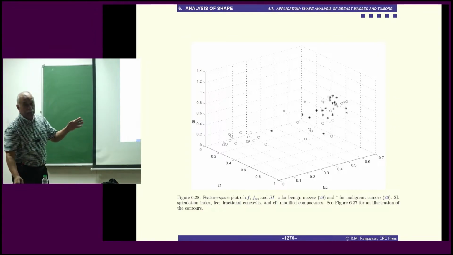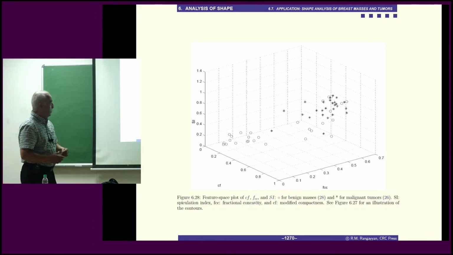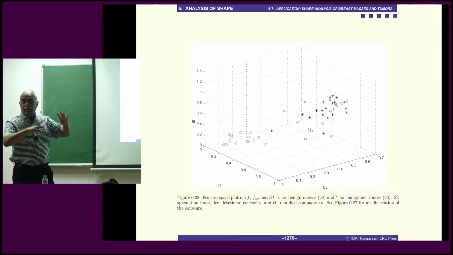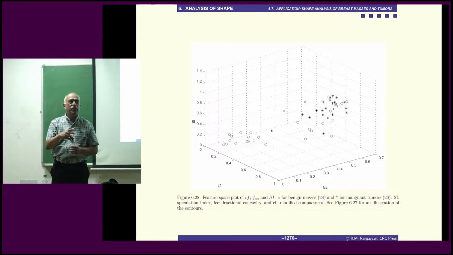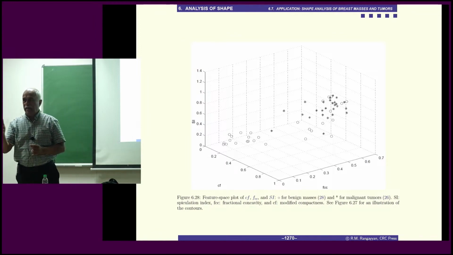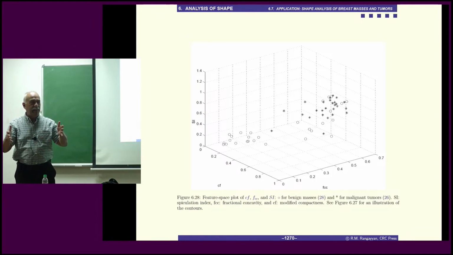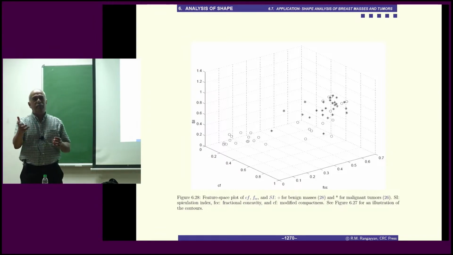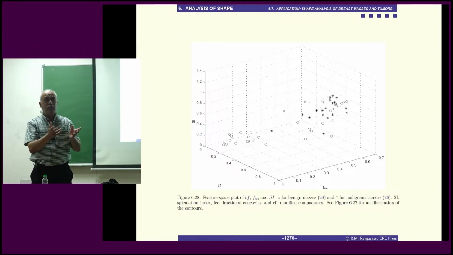So when you compute a number of features, suppose you compute 10 features. Here I'm showing 3. It's convenient to plot. If I have 10, I can't plot. Are they really mutually independent, in the sense, are they giving you different information, or are they simply correlated? So you need a feature selection method to say, I have computed 10 features, but 3 of them are perhaps highly correlated with a few others, so only perhaps 7 of them are useful, or maybe only 4 of them are useful.